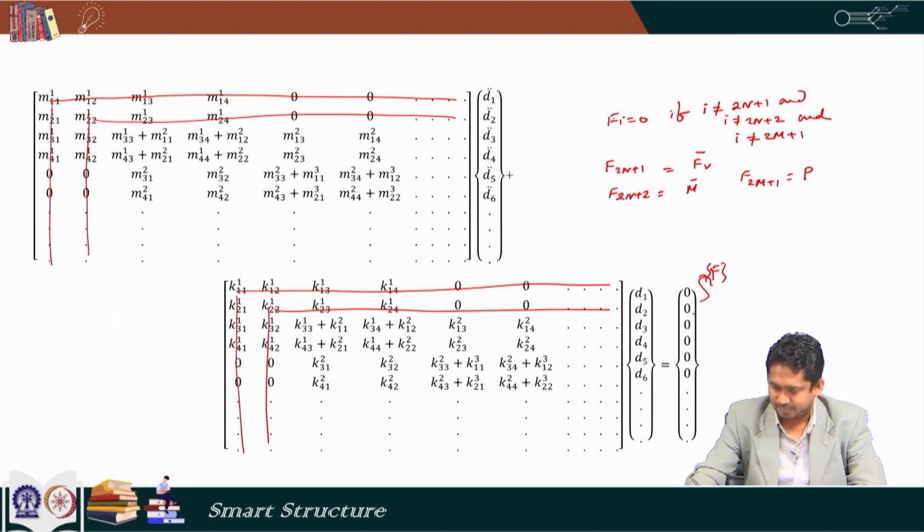So, it is not that everything is 0, these three quantities are non-zero, the rest of them are 0.